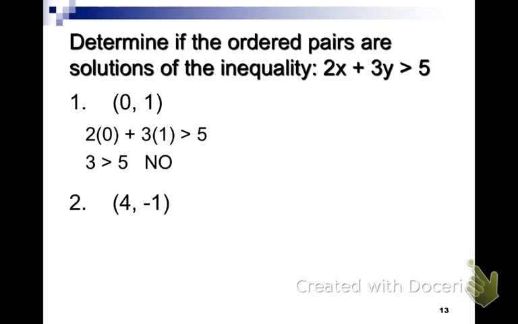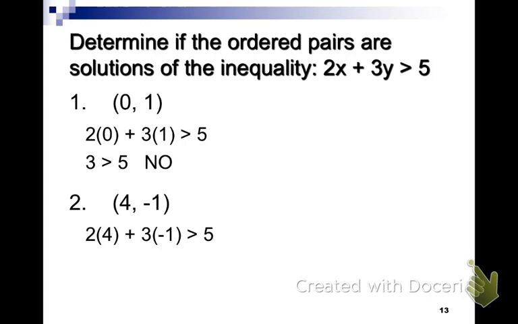Okay? A solution is anything that is possibly on the line, depending on if it's greater than or equal to, or that is in the shaded area, similar to what we did whenever we checked the 0, 0 a couple minutes ago. So if I have the same equation and I have 4 and negative 1, I'm going to plug in 4 for x. I'm going to have 2 times 4 plus 3 times negative 1 is greater than 5.